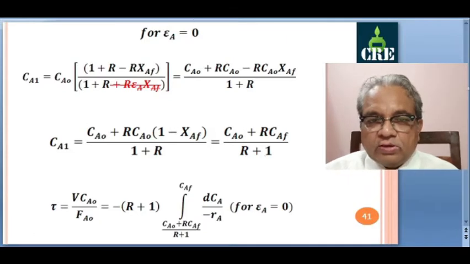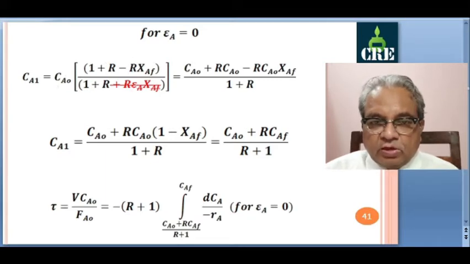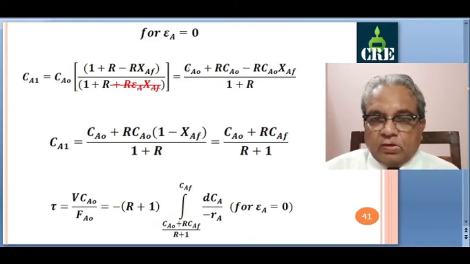What will happen for epsilon equal to 0? CA1 is equal to CA0 into this definition. Epsilon A is 1, so this cancels out, this becomes 0. So this by 1 plus r. This is multiplied by CA0 in the numerator. So CA0, r CA0 is taken outside, into 1 minus XAF divided by 1 plus r.